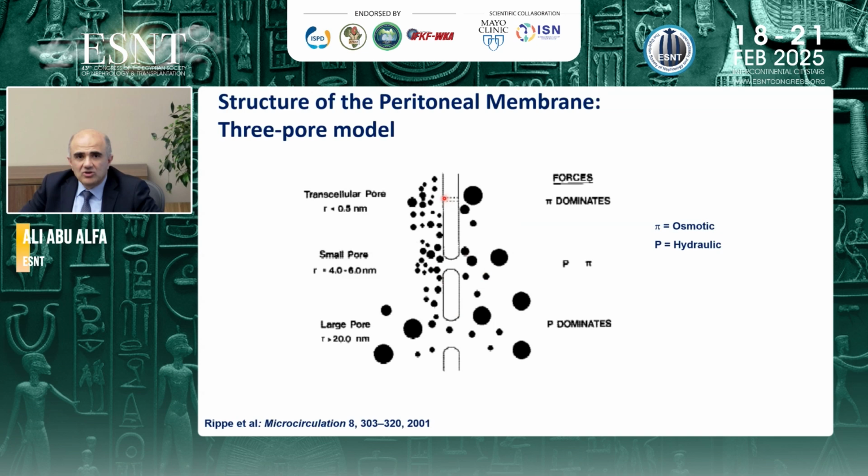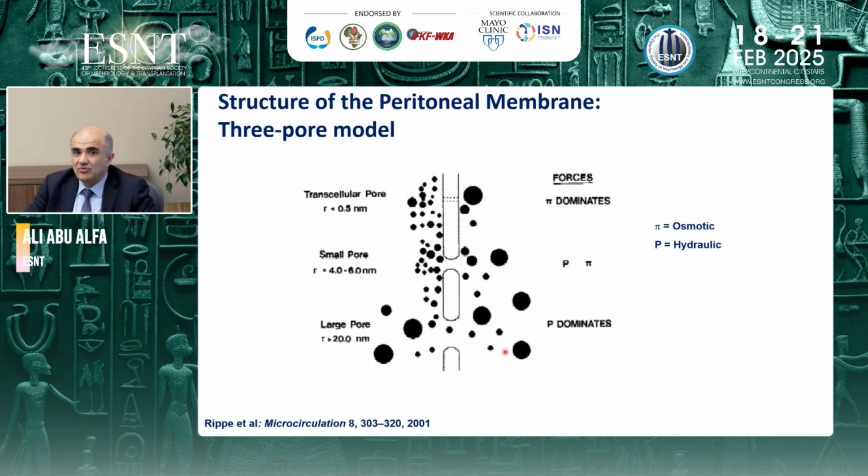So here we go. If this is a small pore between the endothelial cells, it will allow small molecules to pass, urea, creatinine, glucose, and the like. Water will pass through the cells, and this is what they call the transcellular pore. Now we know it's aquaporin. And then they predicted the presence of large pores, maybe not frequent in number, but those large pores will allow albumin to pass.